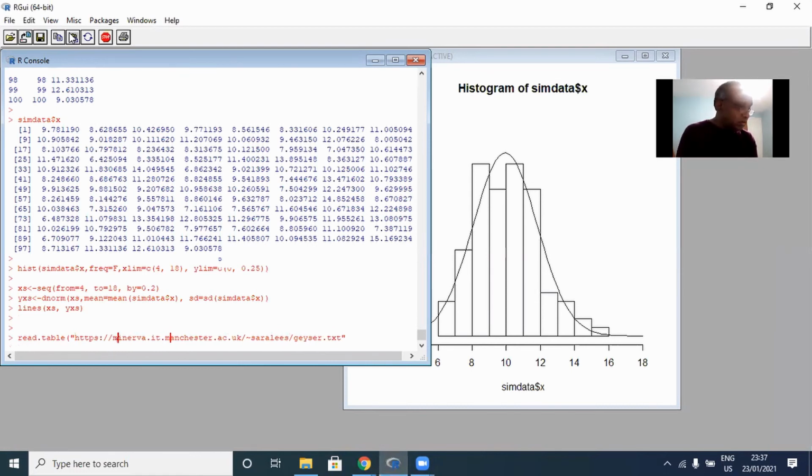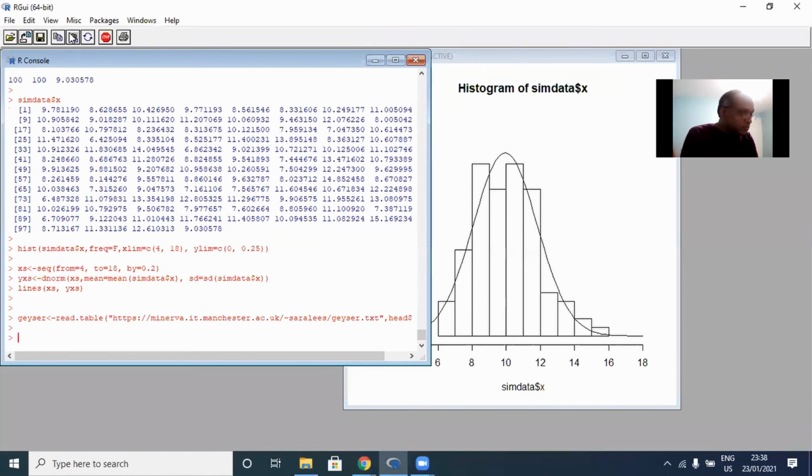The read.table, header equal to true, and let's call this geyser. We want to do the same as before.